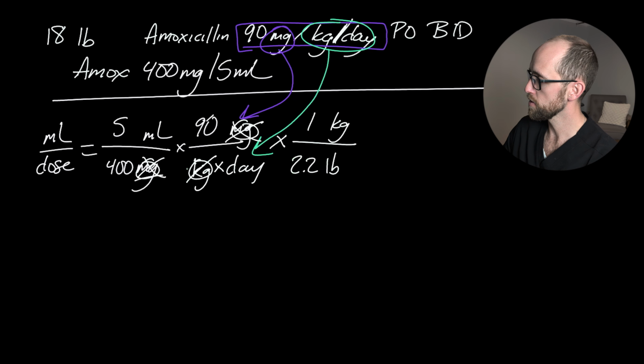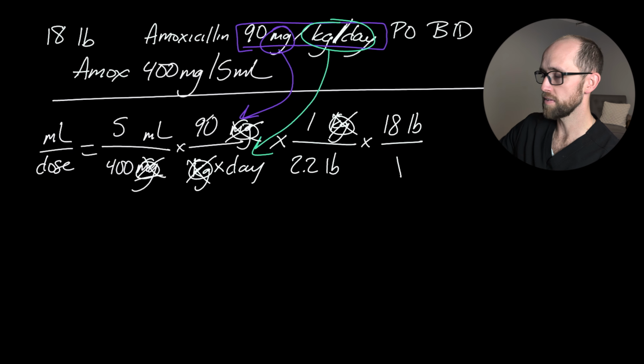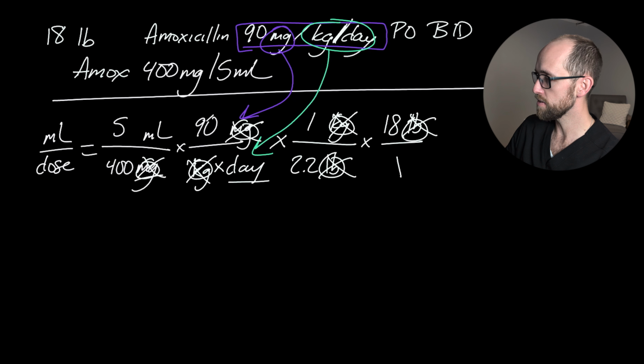So I have canceled out kilograms, but now I need pounds. I remember my son is 18 pounds. You can just put something over 1 if it doesn't have anything to go with it, like in this case. So now I've canceled my pounds. Now I still have days, and I'm looking for doses, so I need to think, how can I combine those two?